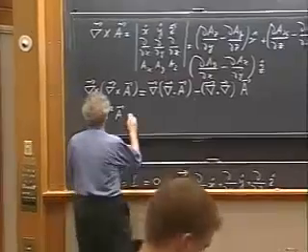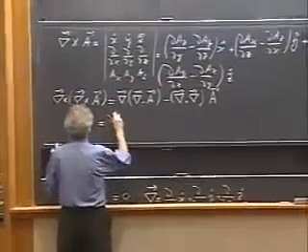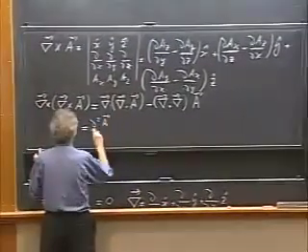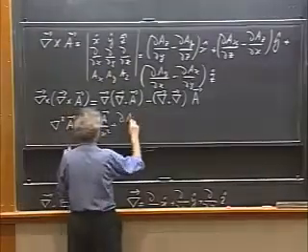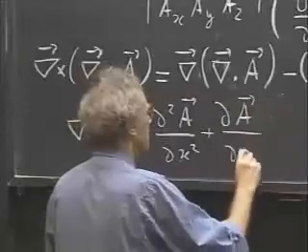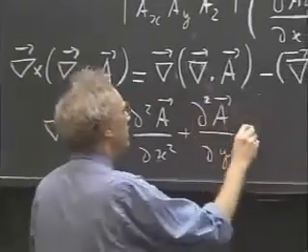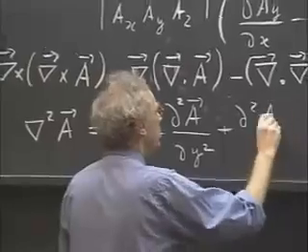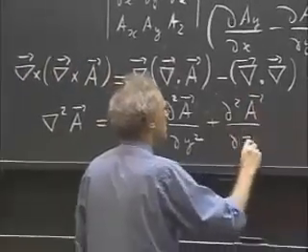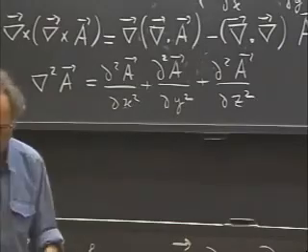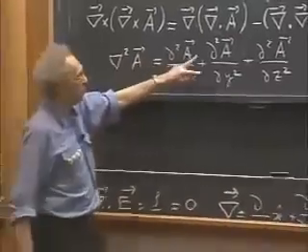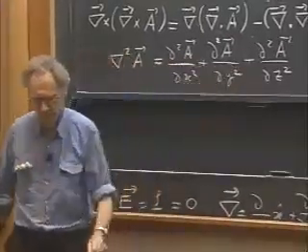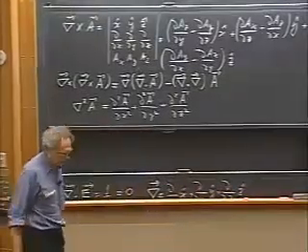And so the del squared of a vector is d2A/dx squared, the whole vector, plus d2A/dy squared plus d2A/dz squared. And this has 9 terms, because this has 3 terms, this has 3 terms, and this has 3 terms. I will do the first one, and then you have to do the others.